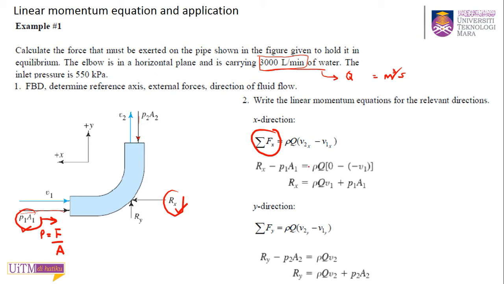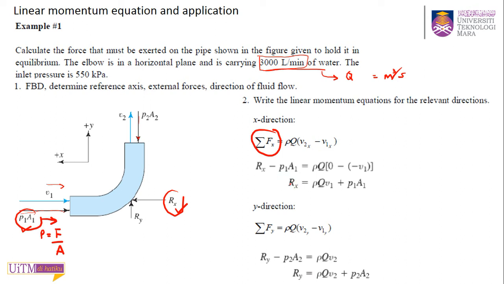Okay, there's only the force term in your x direction, so this will be equal to rho Q, V2x is 0, there's no V2x, and minus V1x. We know V1x is V1 and it is moving opposite to your reference axis, to the right, so that's why you minus V1.